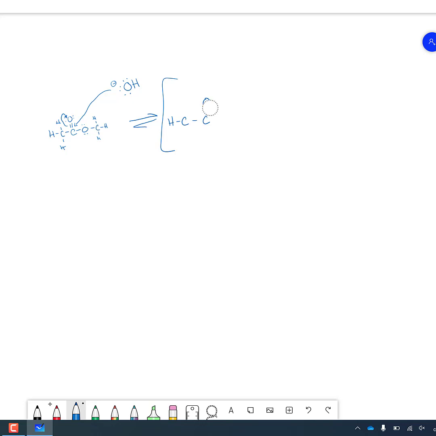Single bond. So now 3 free electron pairs here. This carbon has brought in another OH, so that's bound on. And let's go ahead and make this incoming OH black.